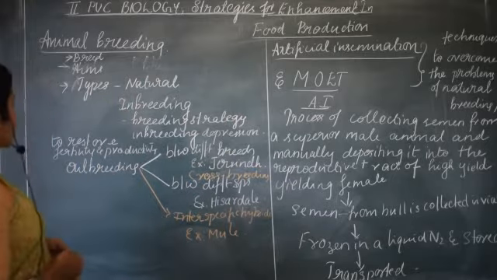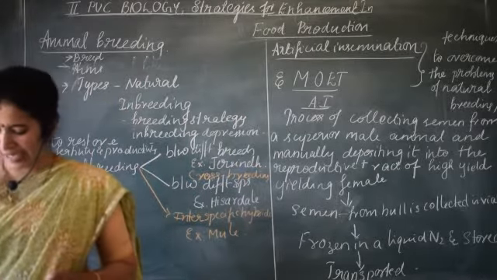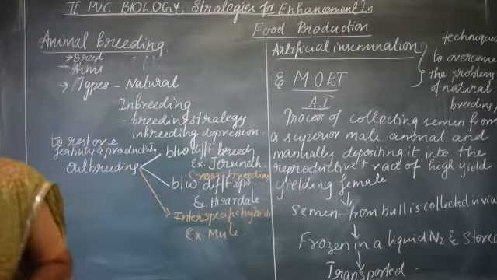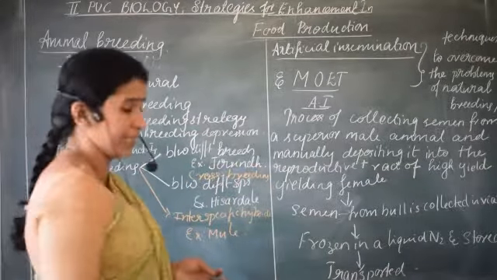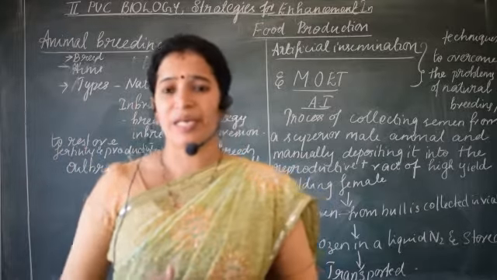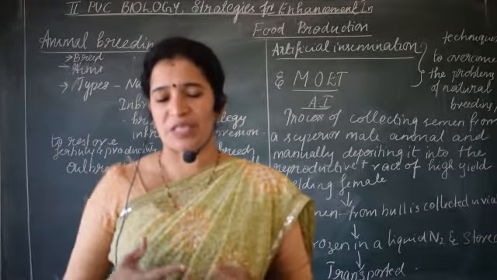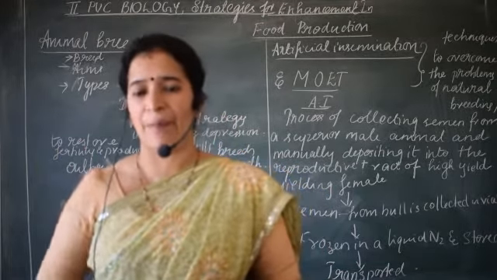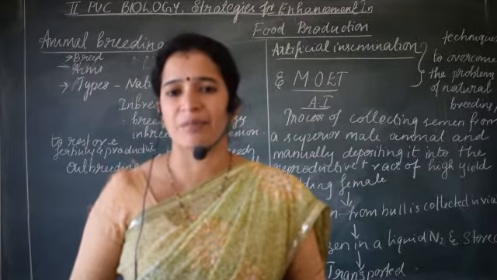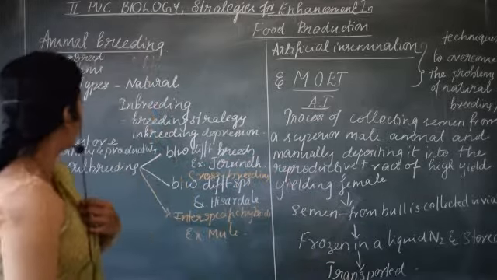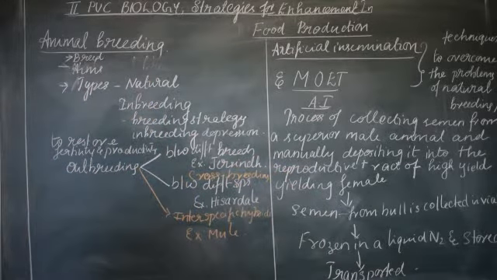Let us understand some types of animal breeding. Animal breeding is breeding between two animals of the same breed. This can happen naturally, and nowadays we also have techniques by which we can do artificial breeding.